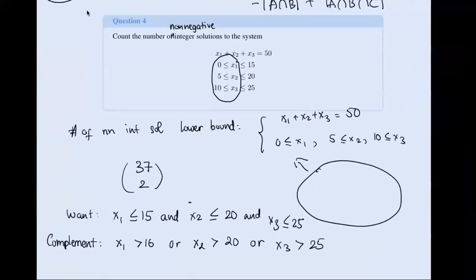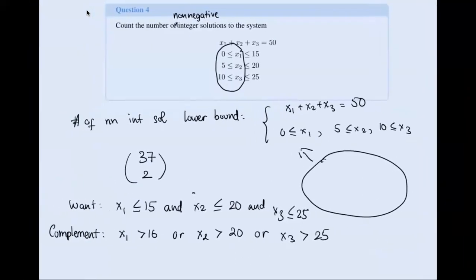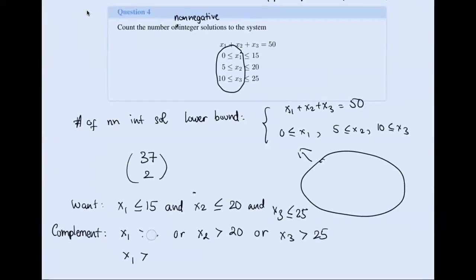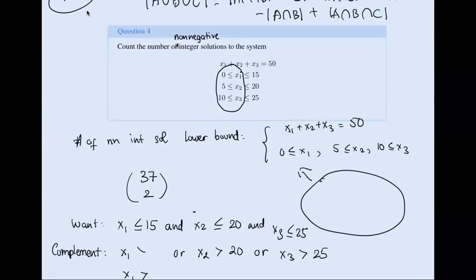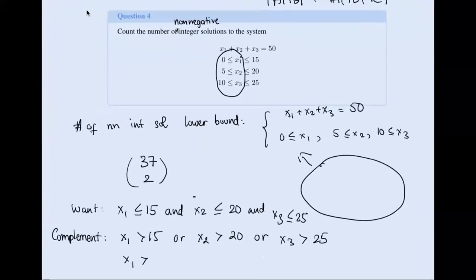However, we do want them to be integers. So instead of greater than, I can use greater than or equal to, and they would be equivalent because we are only interested in integer solutions.